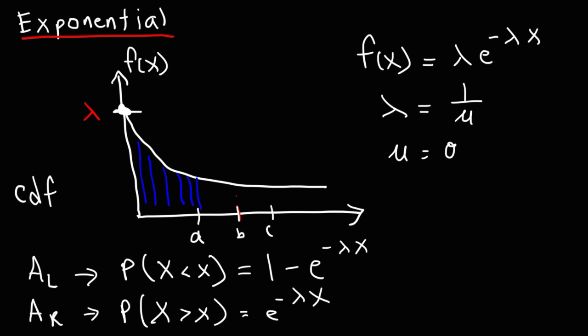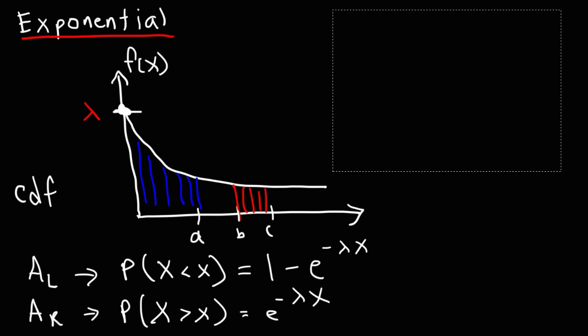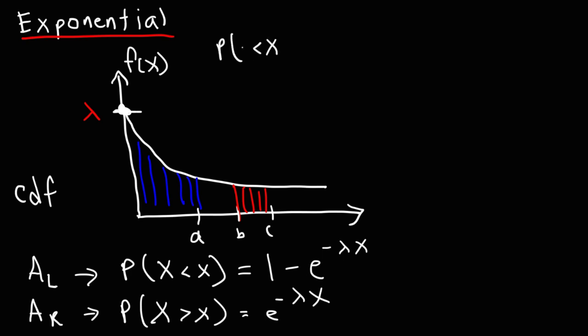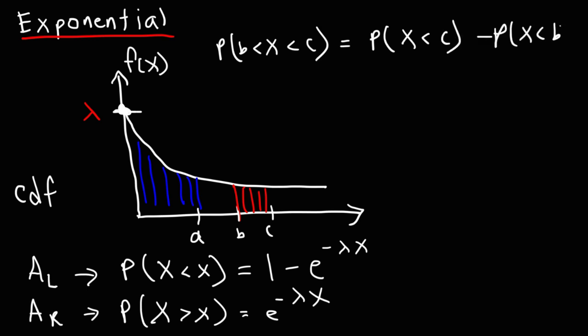In this case, you need to use this expression. The probability that x is between b and c is simply the difference of the probability that x is less than c minus the probability that x is less than b.